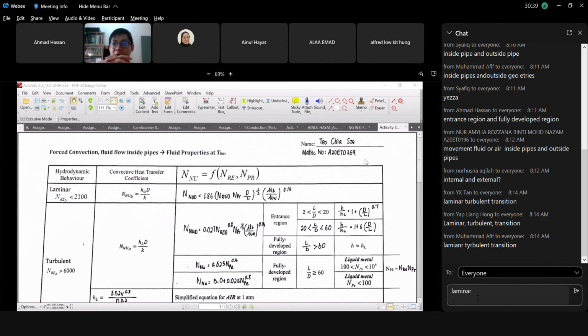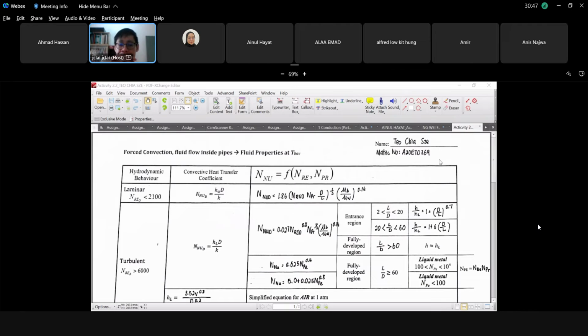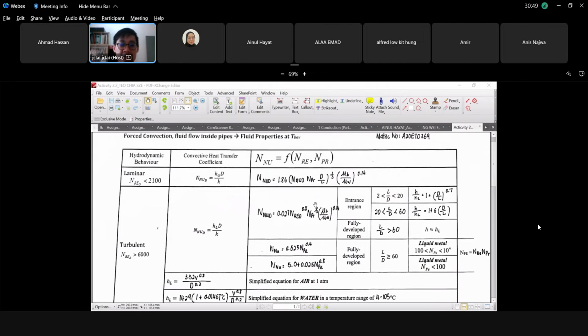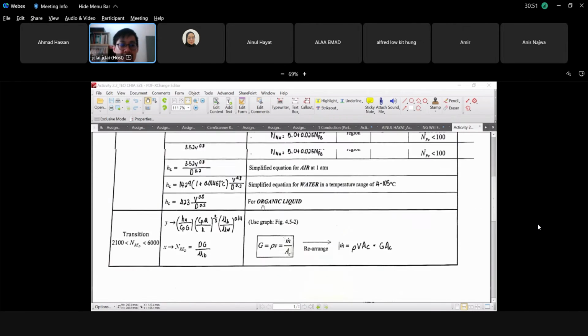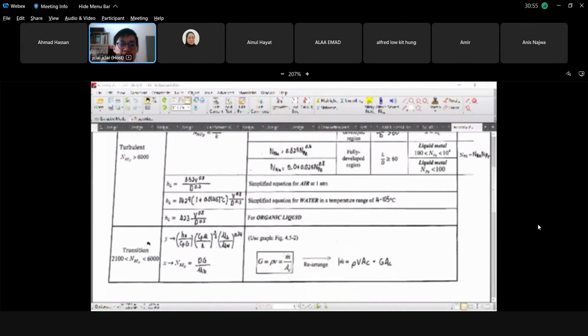Okay, laminar, turbulent, and transition. So here you see 3 types of flow: laminar, turbulent, and transition.